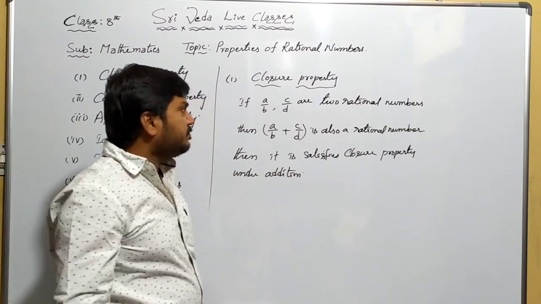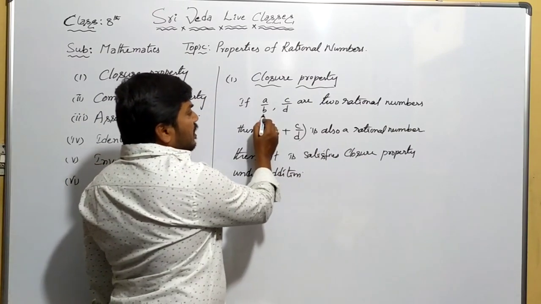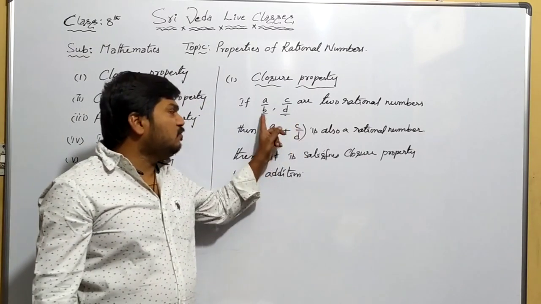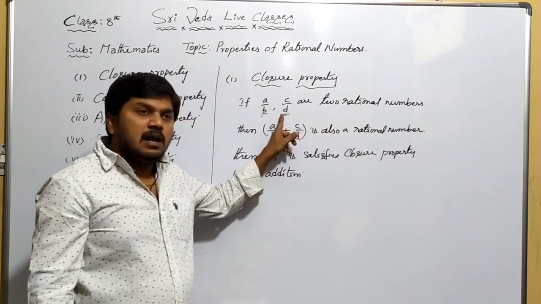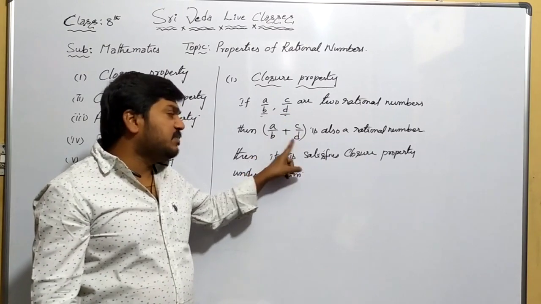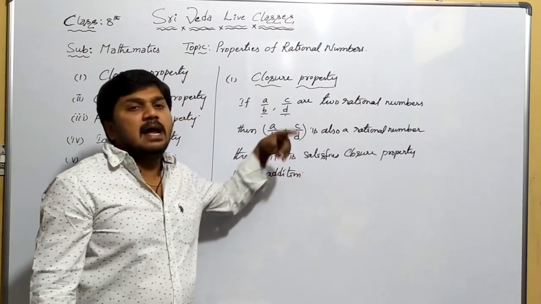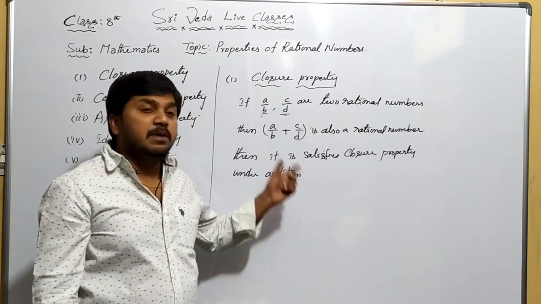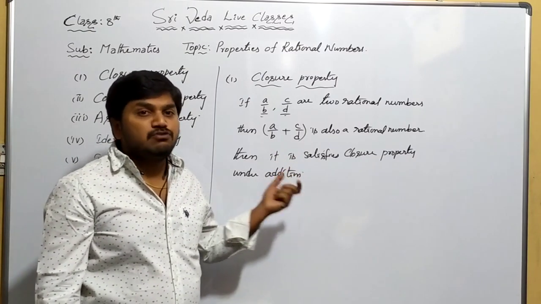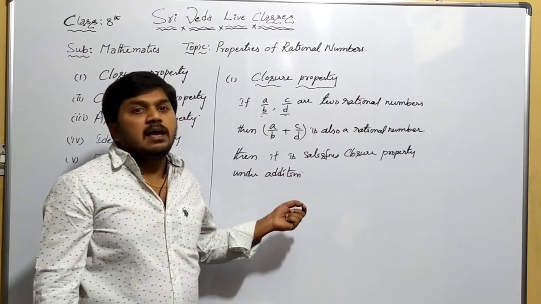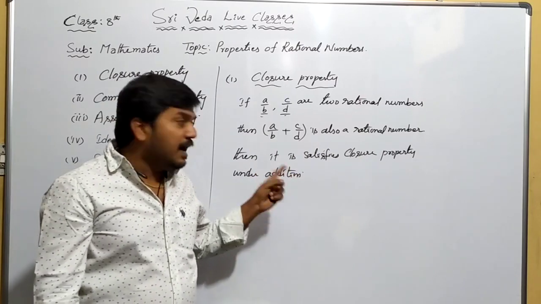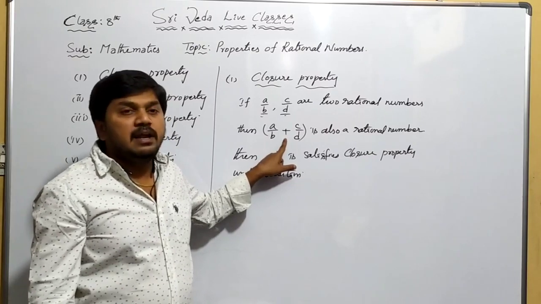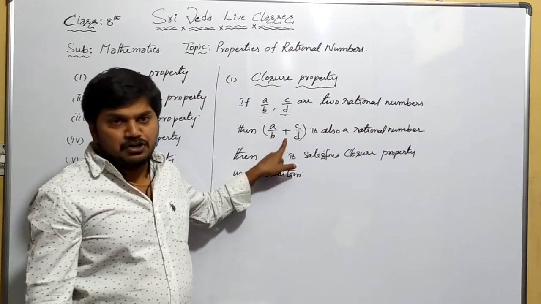You see that simple thing. There are two fractions. We are taking two fractions, and their sum is also a rational number. Then we can say that the set of rational numbers satisfies closure property under addition. Which operation are we doing here? Addition. So that's why it is closure property under addition.